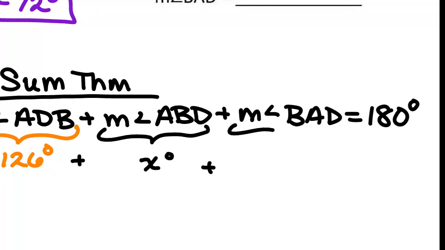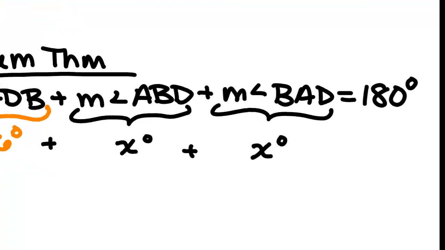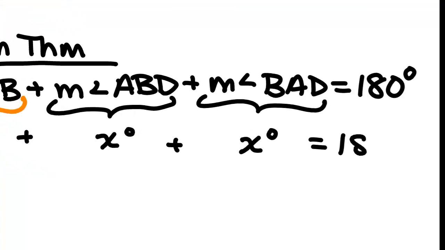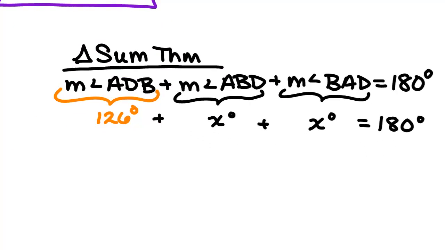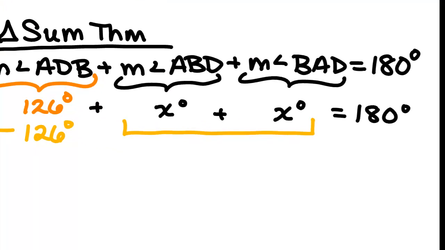What about angle BAD? Nope, don't know how big that is. We were letting x stand in for that. We know those two angles are the same exact size. I'm going to combine my like terms together, my x's. And I know I'm going to need to subtract 126 degrees from both sides, so I'll just go ahead and do that in the same step.